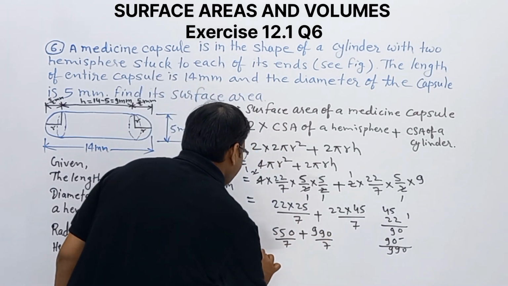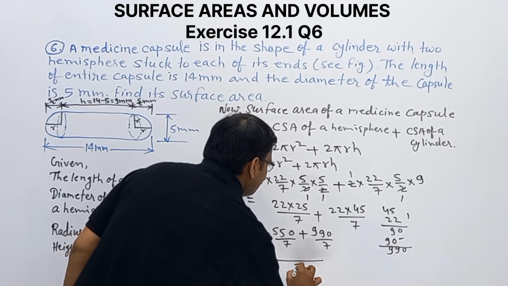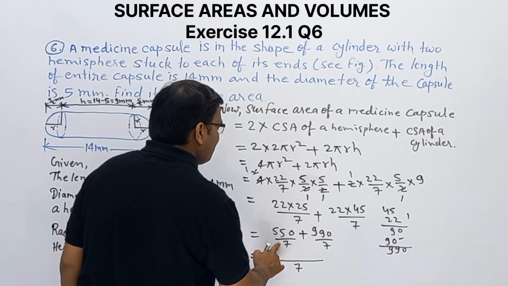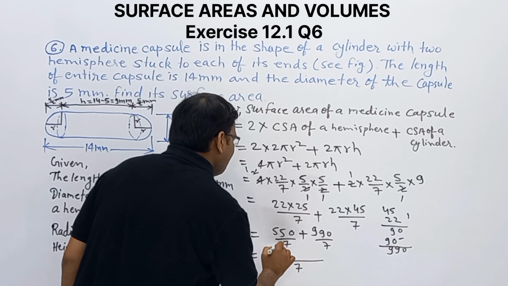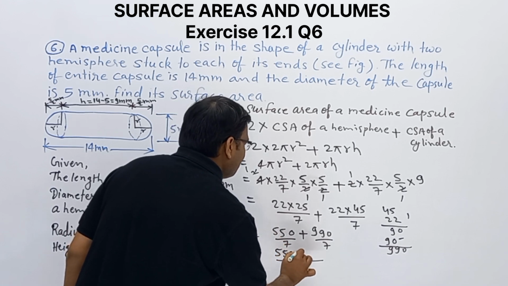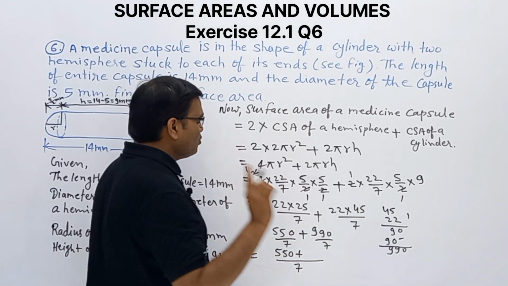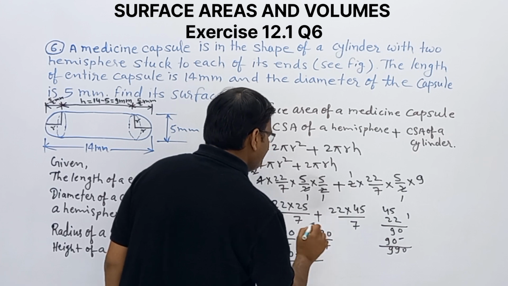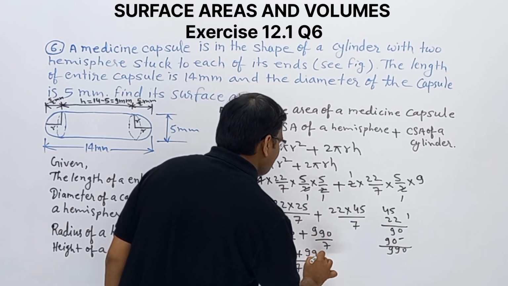Now take LCM. LCM is what? 7. 7 divided of 7, one time it is going, multiplied by numerator 550 plus 7 divided of 7, one time it is going, multiplied by numerator, then we are getting 990.